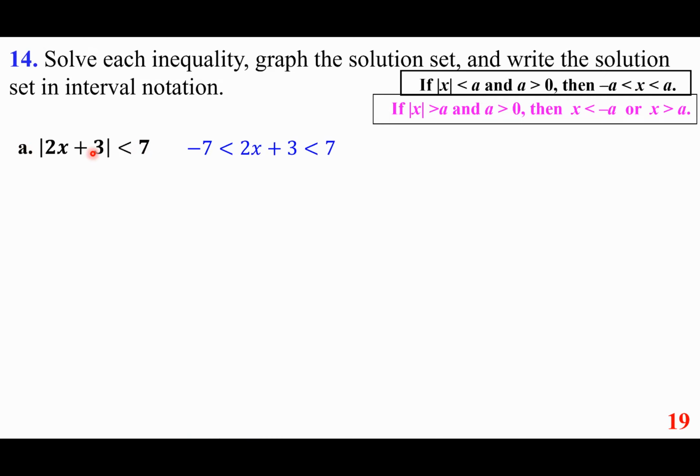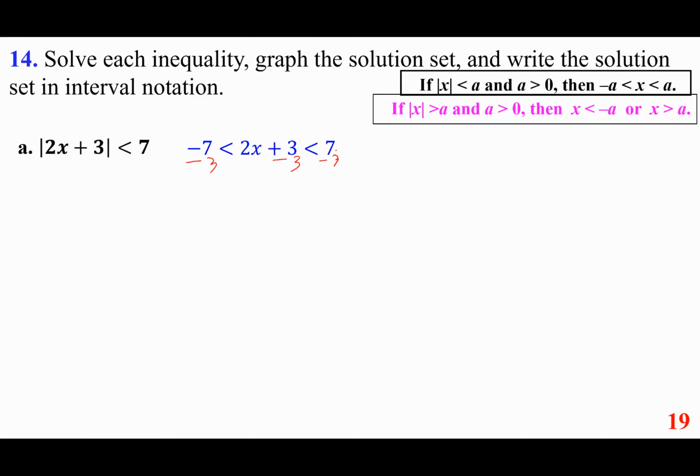So please understand, you drop the absolute value, you keep this one, and then you say minus 7 on the other side. So you have a compound inequality, and you are going to solve for x by first subtracting 3 from all sides.